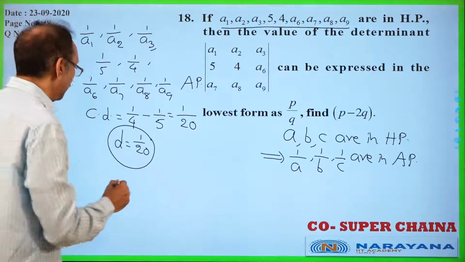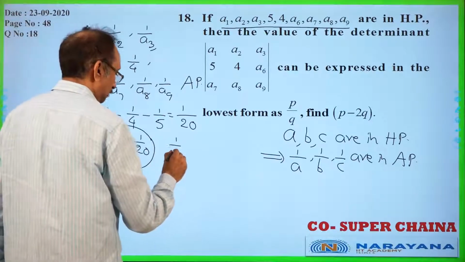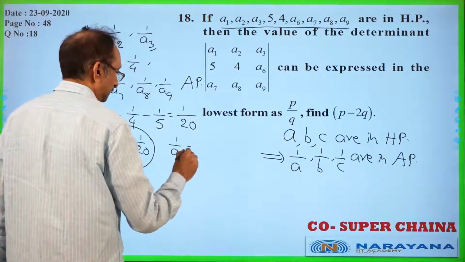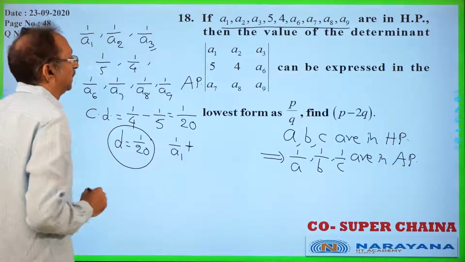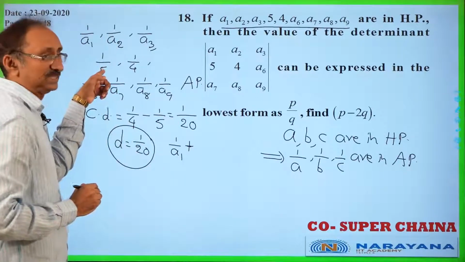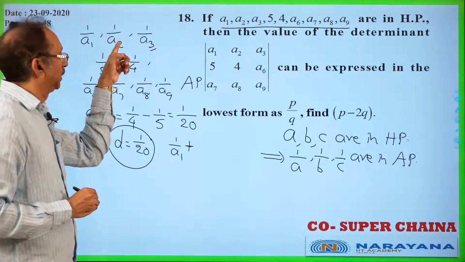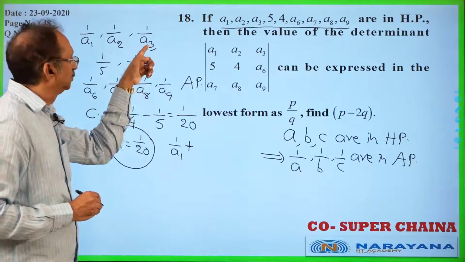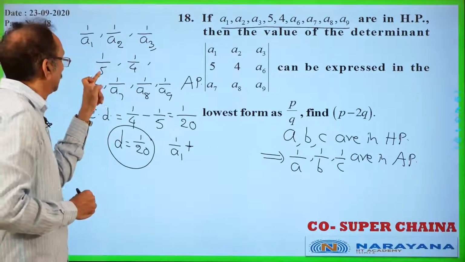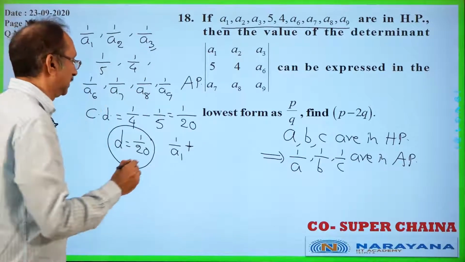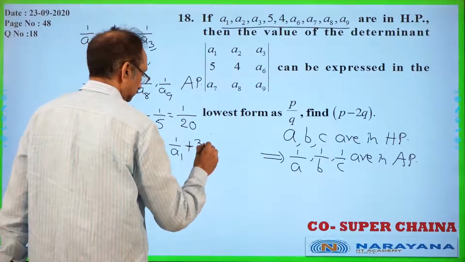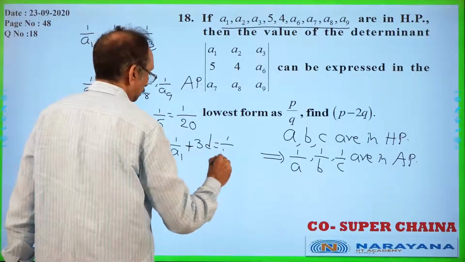And so what is 1 by A1? If you add 1 D to 1 by A1, you will get 1 by A2. 2 D's, you will get 1 by A3. If you add 3 D's, you will get 1 by 5, that is equal to 1 by 5.